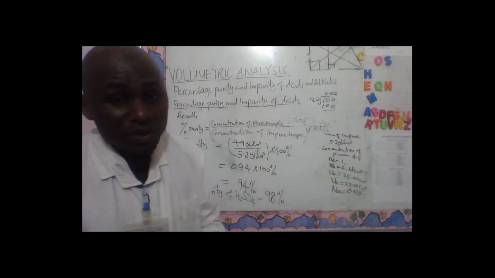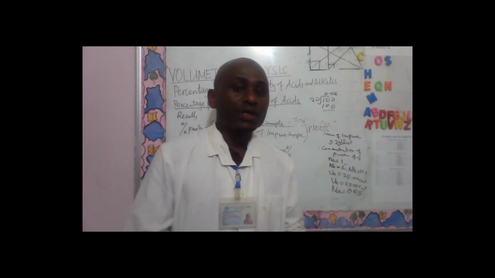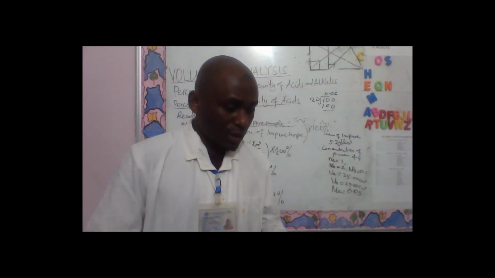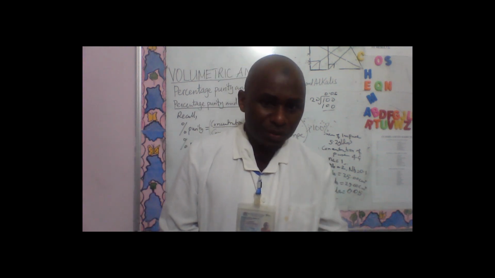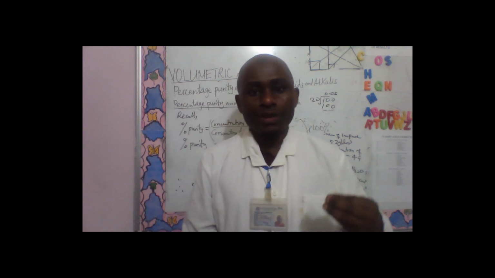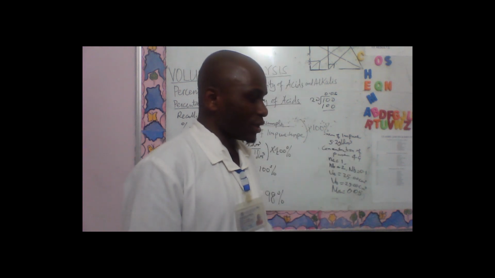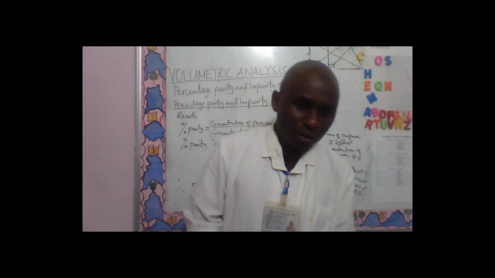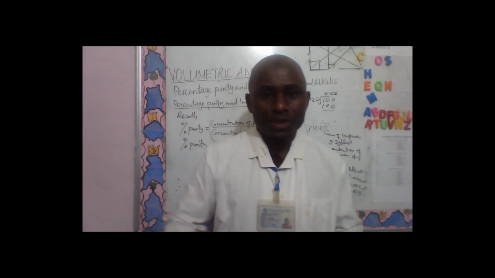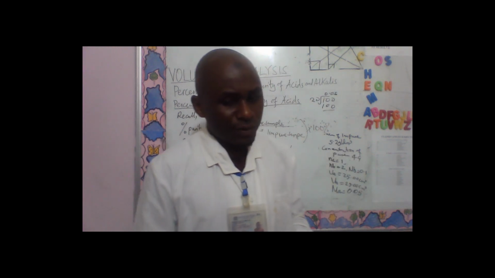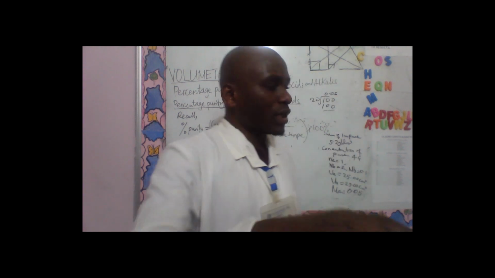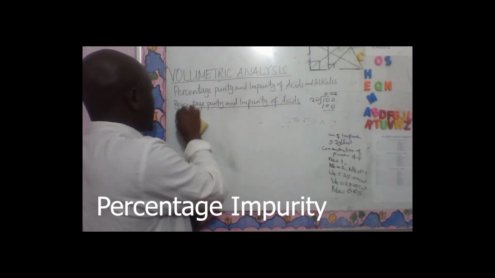But in part number 2, we are required to find the percentage impurity of the sulfuric acid. Let us see what amount of impurity is in the sample of sulfuric acid.